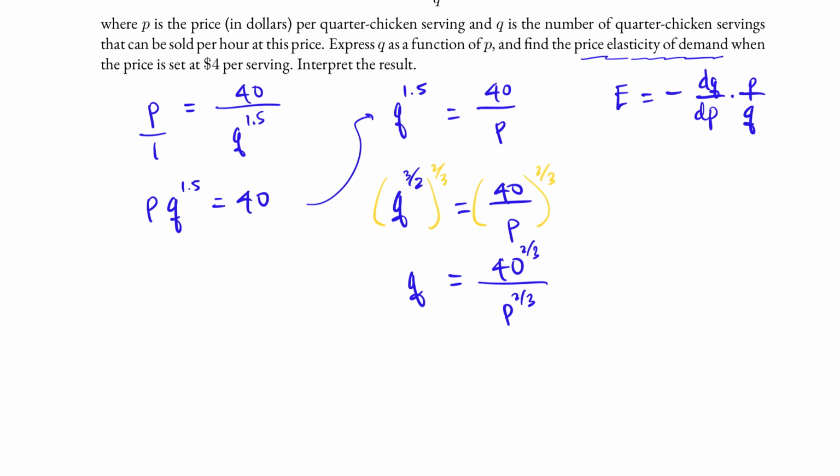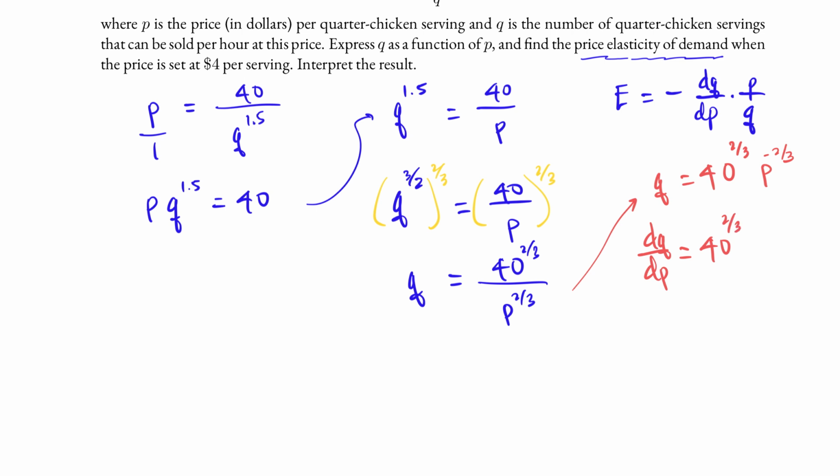Having Q as a function of P, to find the elasticity, we would need to differentiate the function Q with respect to P. And to do that, we rewrite this as Q equals the constant 40 to the 2/3 as a constant multiple times P to the negative 2/3, where we bring the positive power to the numerator and make it negative. dQ/dP is therefore 40 to the power 2/3, a constant multiple, so we would rewrite it.